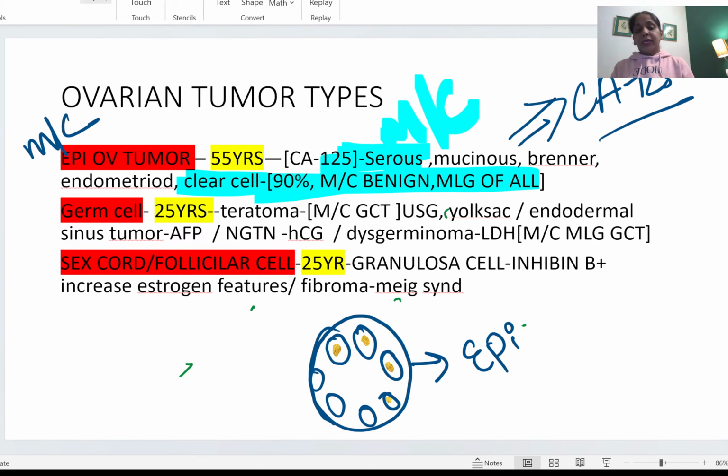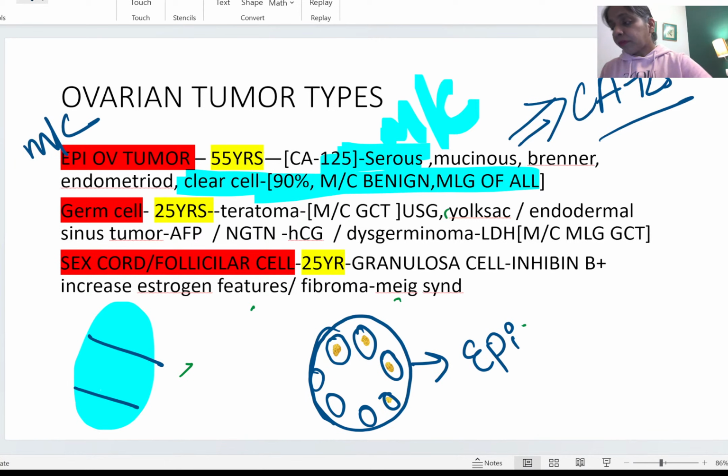Is that okay? Now, to understand the germ cell tumor, we have to divide the ovum into three parts. What does ovum make? After fertilization with sperm, ovum makes fetus, ovum makes placenta, ovum makes yolk sac. So ovum makes three things, right?